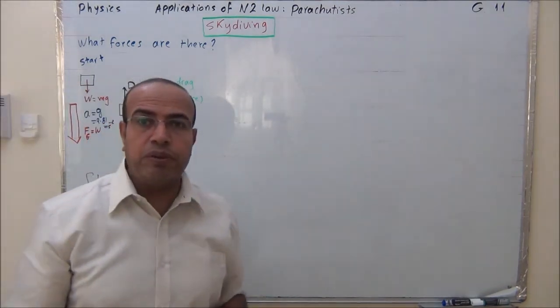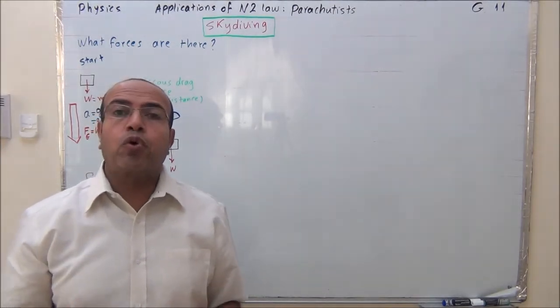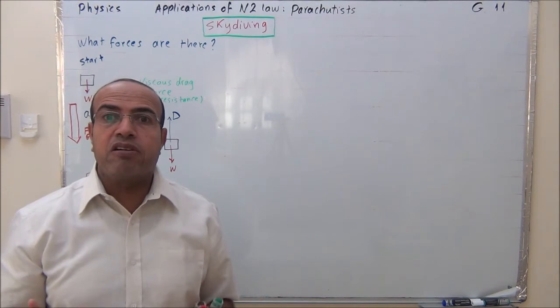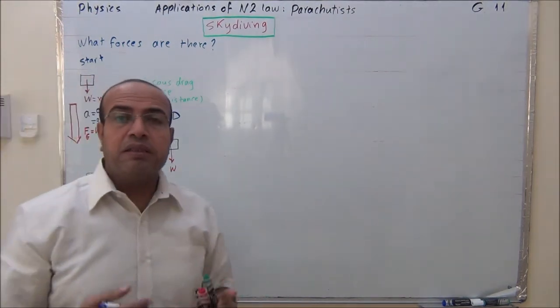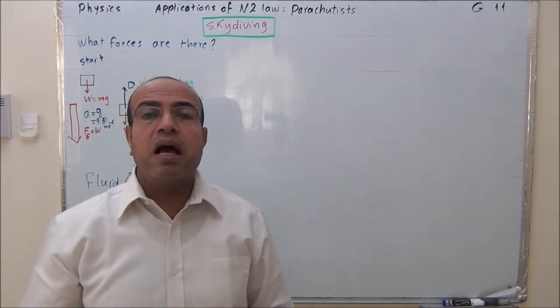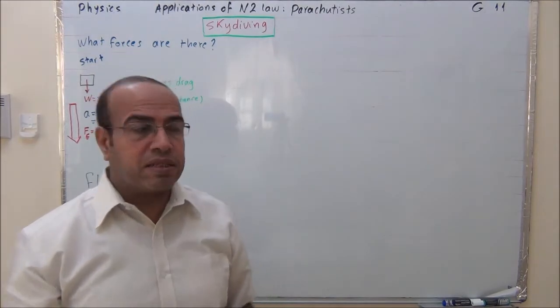So the resistive force in air is called viscous drag force, or drag force, or air resistance. That air resistance increases as the velocity of the parachutist increases.